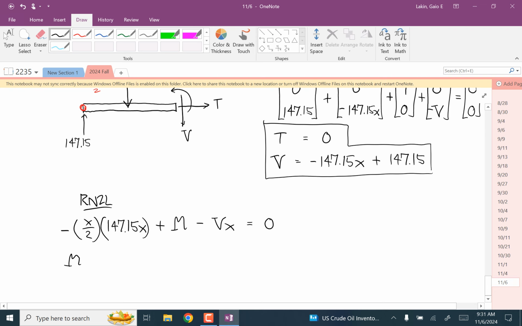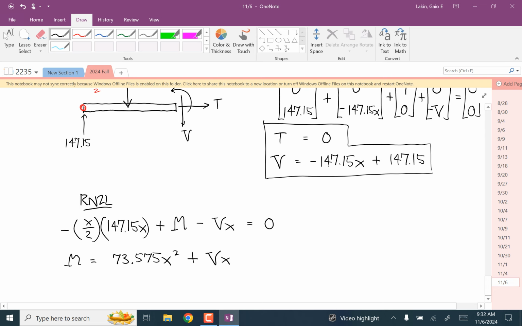So M is equal to, so divide this by 2. I don't think I can do that in my head. Okay, so we have 73.575x squared plus Vx.